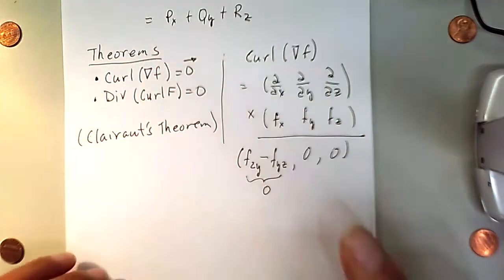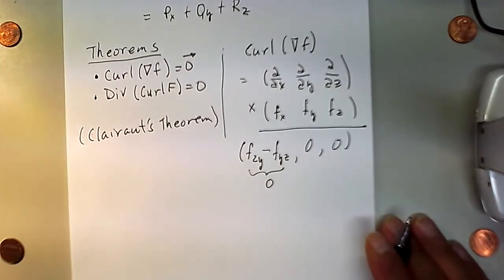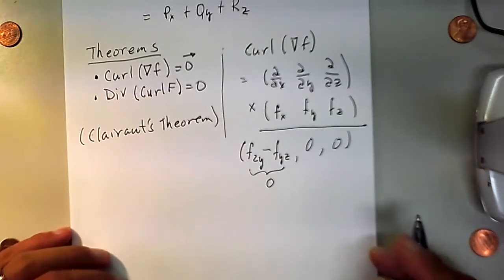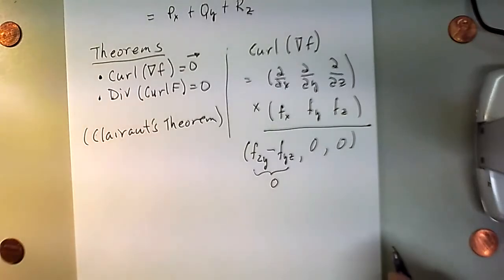A question we ask ourselves is whether a function is conservative or not. If it is conservative, then, as we have seen in previous videos, we can have independence of paths. So it is important to know whether a vector field is conservative or not.